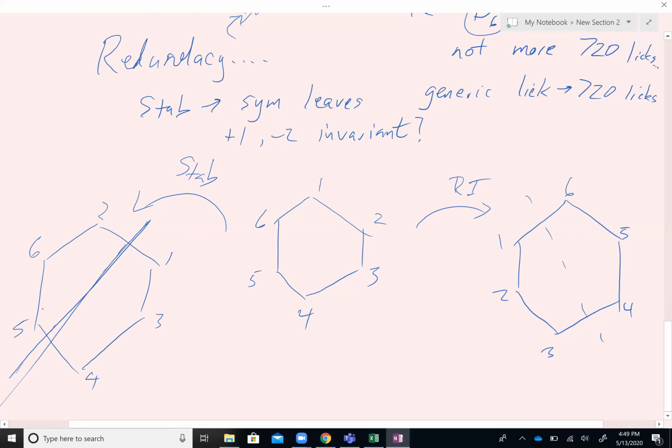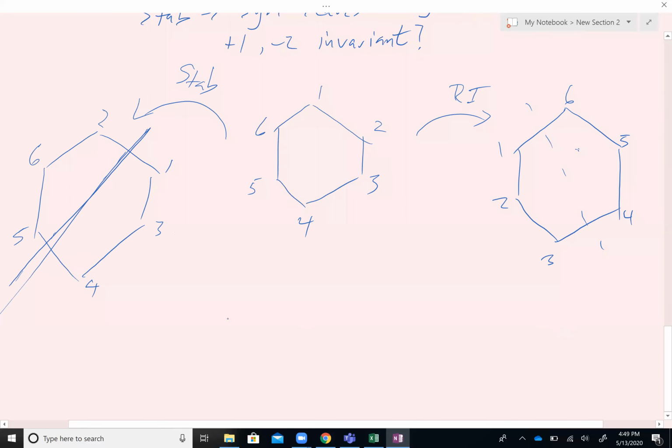And so I just need to stare. If I took my stabilizer and rotated it twice, I would get my Ri. So retrograde inverse is the same thing as if I do my stabilizer one first and then rotate twice.